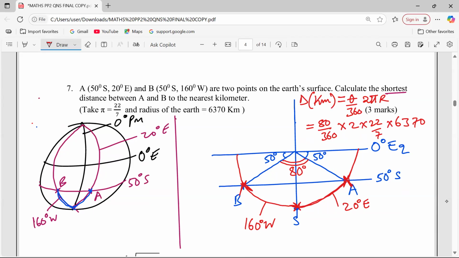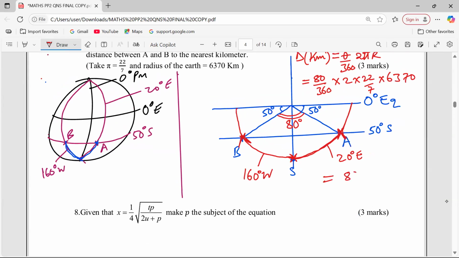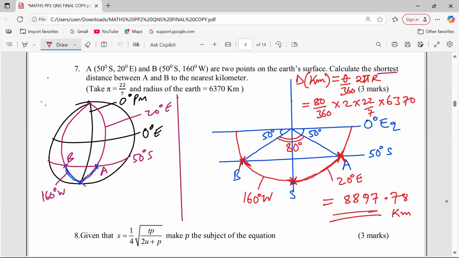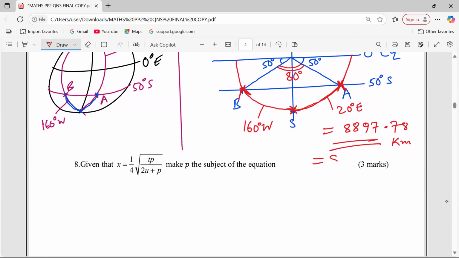So I'm getting 8897.78 kilometers. Remember, we've been told to the nearest kilometer. So to the nearest kilometer, it means 8898. We round off to the nearest whole number. That's it.